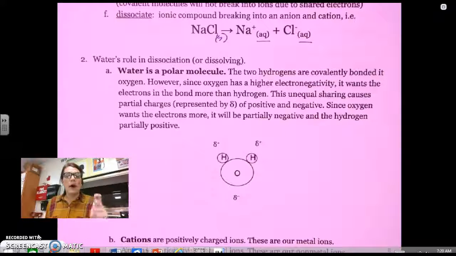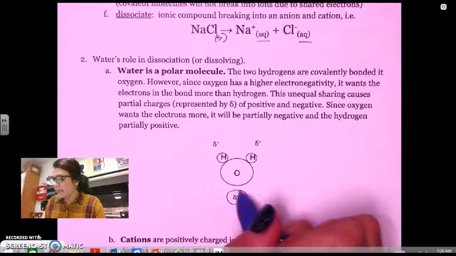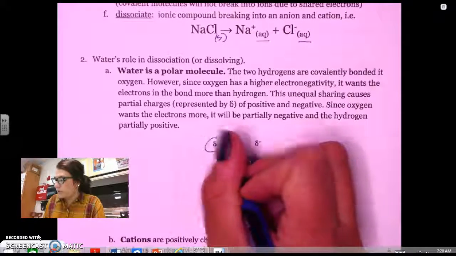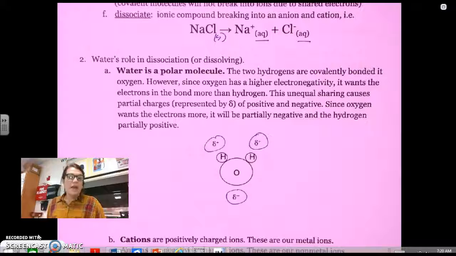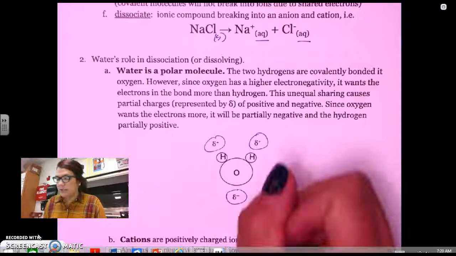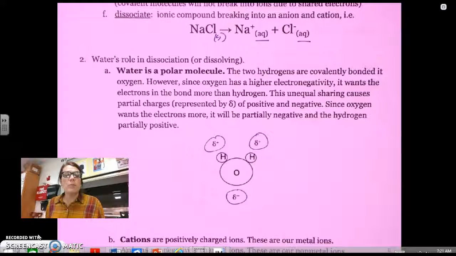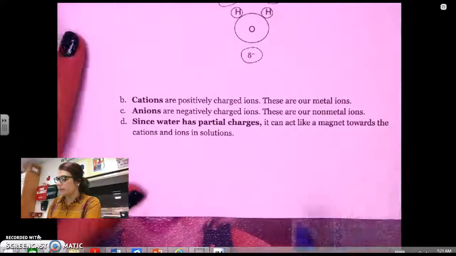So since oxygen wants the electrons more, oxygen will be partially negative, where hydrogen will be partially positive, okay? And this is where we can say that water is a polar molecule because the oxygen side of the water molecule is going to be more negatively charged, where the hydrogen side is going to be more positively charged. Okay? So that is why water is a polar molecule.